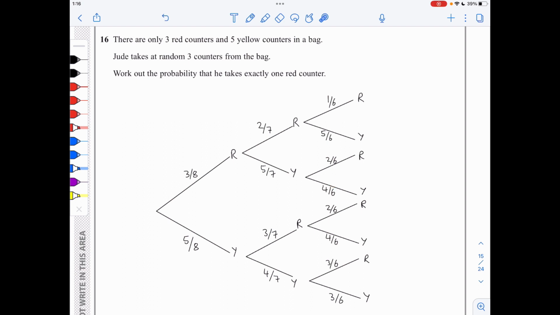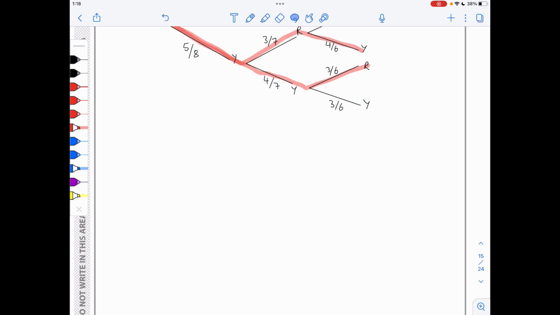Now, the probability of getting 1 red counter could be obtained through red, yellow, yellow, or yellow, red, yellow, or yellow, yellow, red. These are the 3 different routes that will lead me to the required answer. So to find the probability required, I multiply the probability of the branches through which I travel. So it's going to be 3 over 8 times 5 over 7 times 4 over 6.